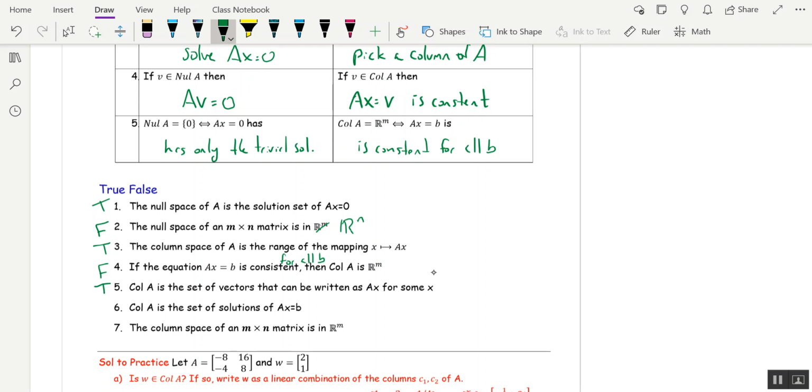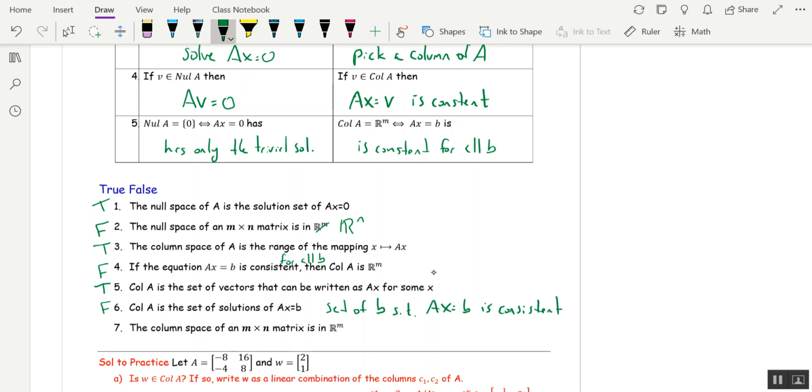Col A is the set of vectors b such that Ax equals b has a solution, which tells us that 6 is false. Col A is the set of solutions of Ax equals b. That's false. The solutions are the x's. We're interested in the b's. So col A is the set of b such that Ax equals b is consistent.